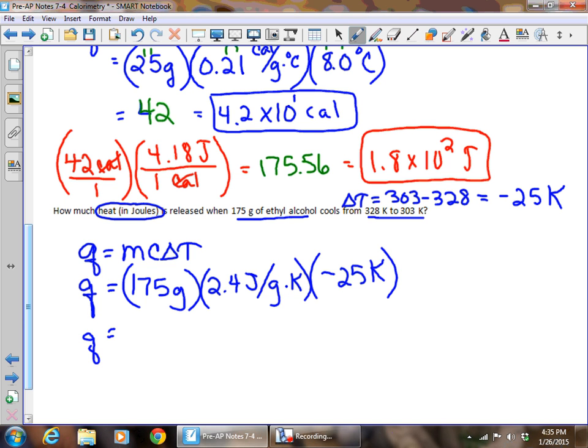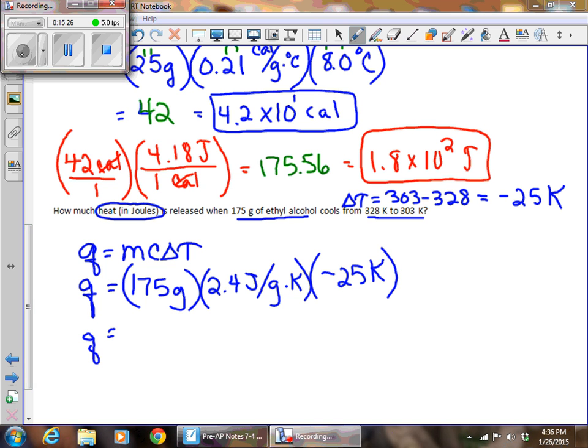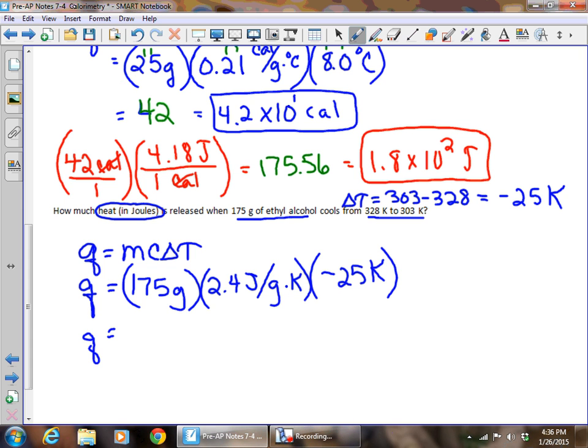When we multiply this together, we end up with negative, very important, negative 10,500. Now, technically, I guess that should be in green because you don't have to put the interim value, but we do have grams canceling, kelvins canceling, so it looks like we're left with joules here.